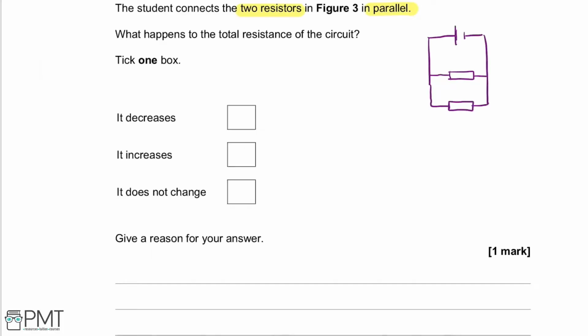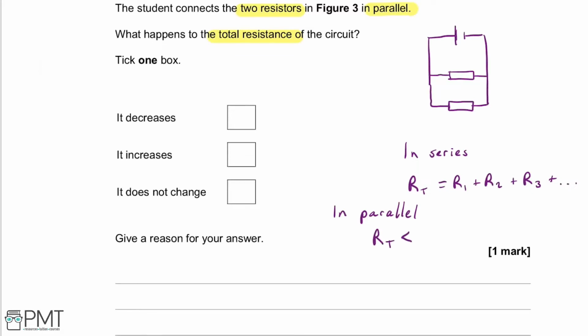Now all we need to do is substitute this into our equation. So we have resistance R equals potential difference. So up here, remember, that's 12. And we're dividing that by current.